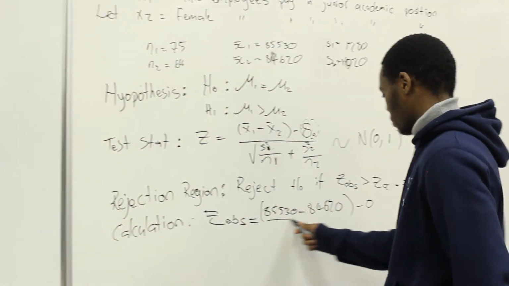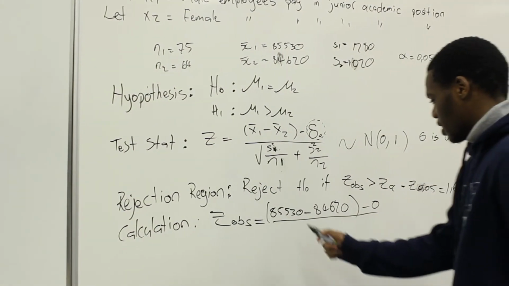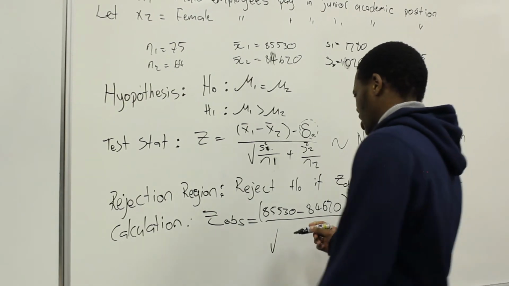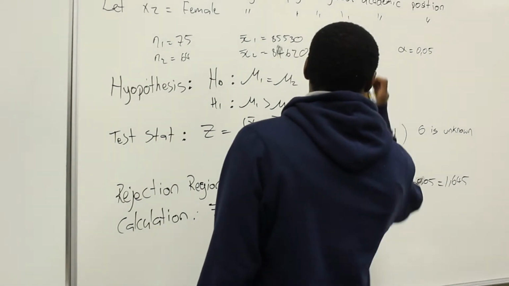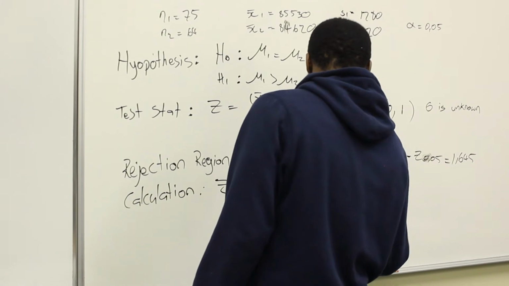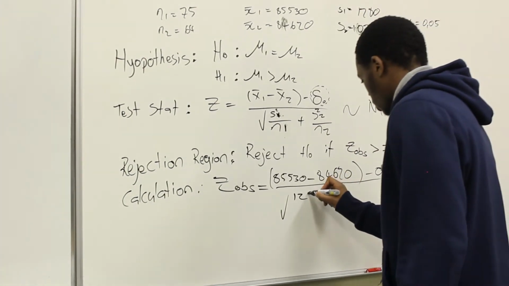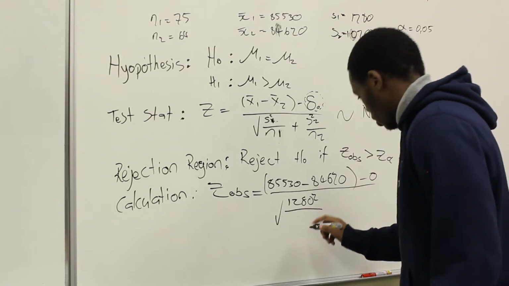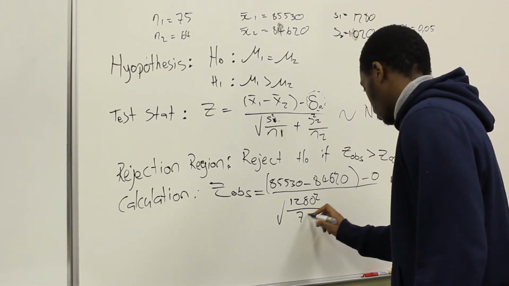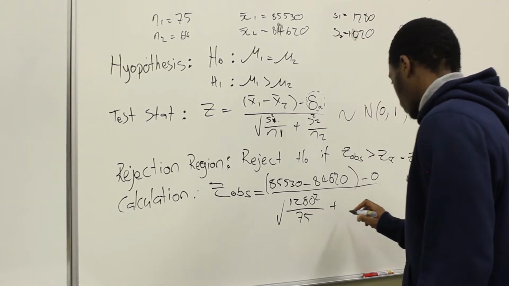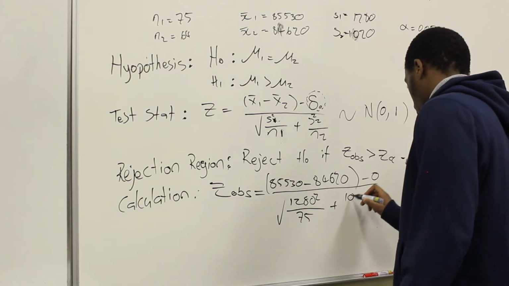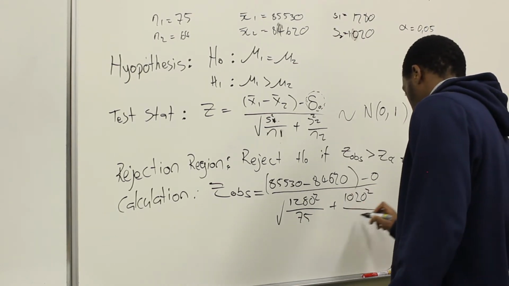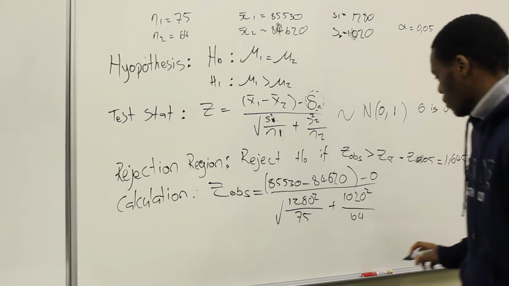Okay, so we carry on. 1,218 squared plus 64.